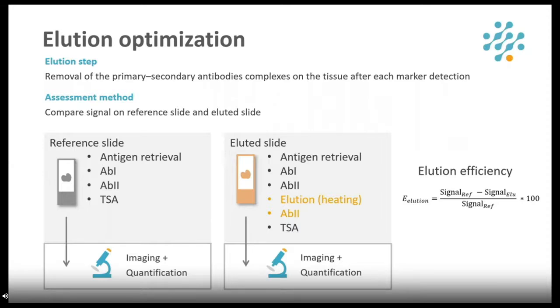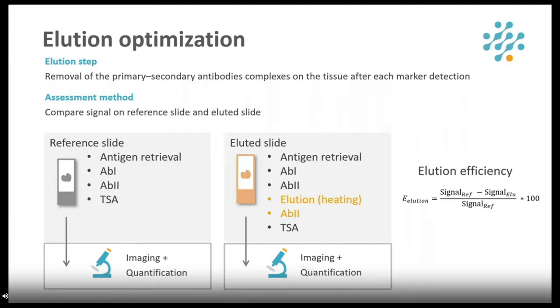To assess the efficiency of this elution method, we compared a reference stained slide versus an eluted slide, which simply consists in applying the elution process after primary antibody and secondary antibody incubations before re-incubating with secondary antibody and the substrate.